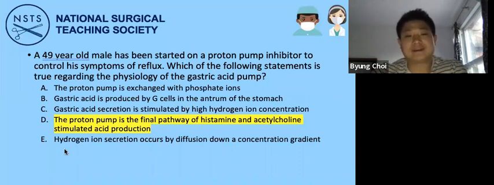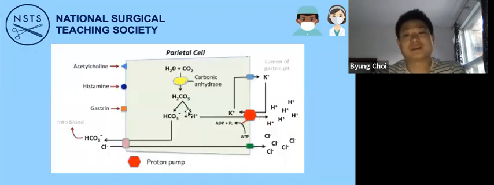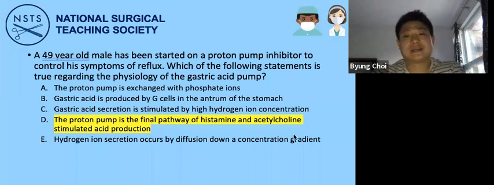Now in E, hydrogen ion secretion occurs by diffusion down a concentration gradient. We know that's not true because it's ATP dependent. It needs energy, and being an energy dependent pump, it can't be via diffusion. So that can't be correct. Looking at C, gastric acid secretion is stimulated by high hydrogen ion concentration.